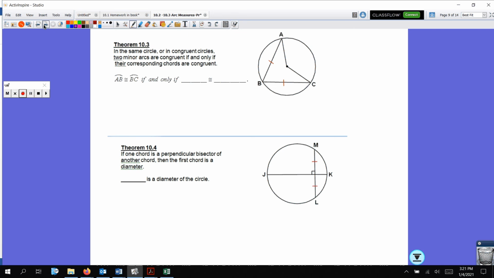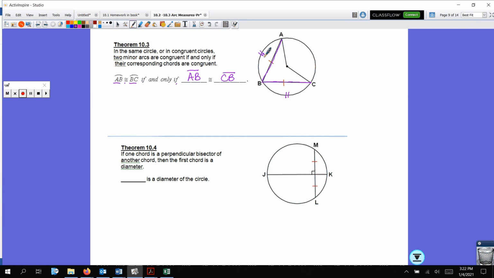So this is saying arc AB is congruent to arc BC if and only if the chord AB is congruent to the chord CB. You could have changed the order of those letters, that doesn't really matter. But that is a fact, okay? So that means that these arcs are congruent as well.